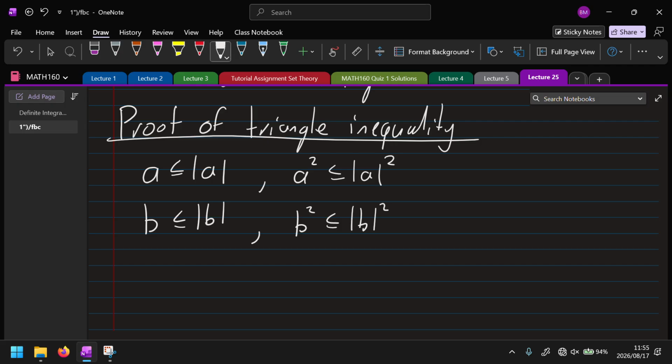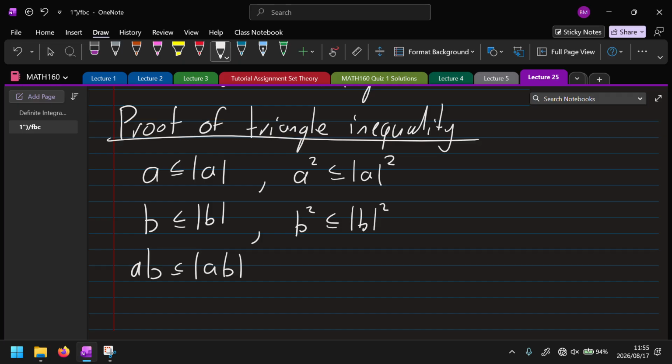In fact, it becomes an equality, but we don't want that. And finally, from number 1 and number 2, if a is less than or equal to the absolute value of a, and b is less than or equal to the absolute value of b, I can take the product of the two. So ab is less than or equal to the absolute value of ab. We're just taking the products there.